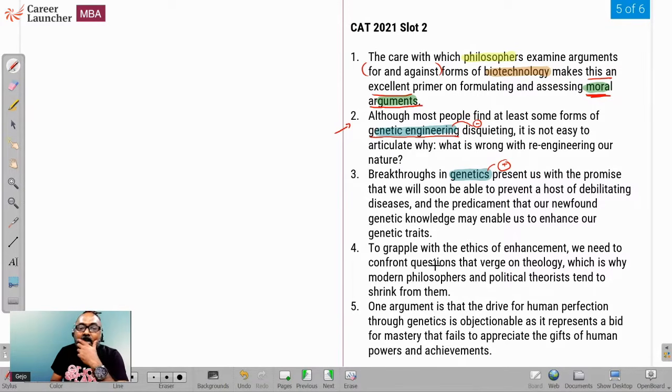Okay, to grapple with the ethics of enhancement. I can see the word: enhance our genetic traits, the ethics of enhancement. We need to confront questions that verge on theology, which is why modern philosophers and political theorists tend to shrink from them.